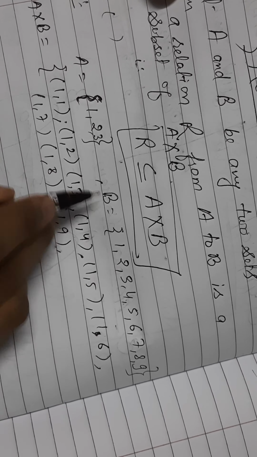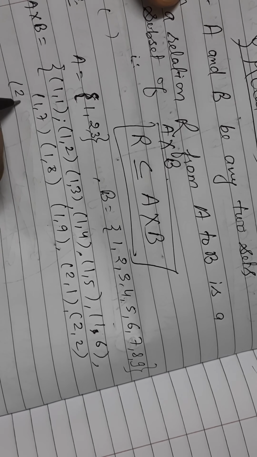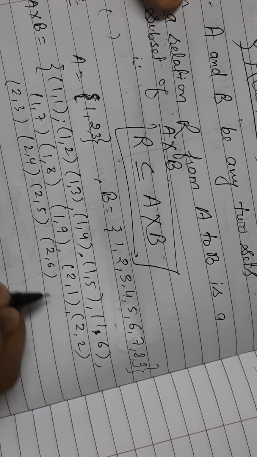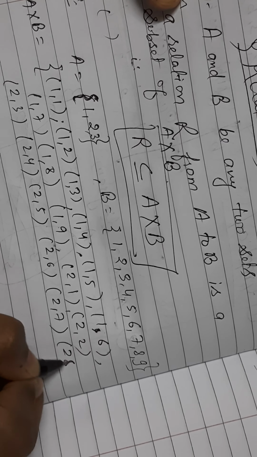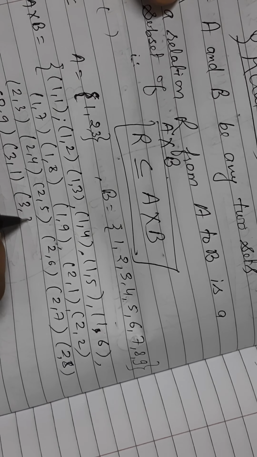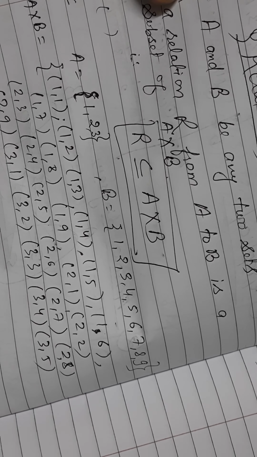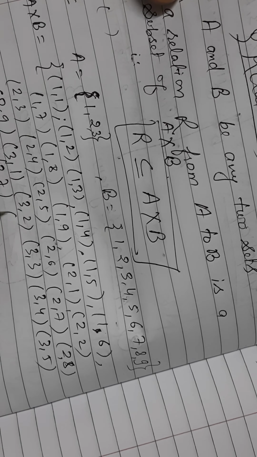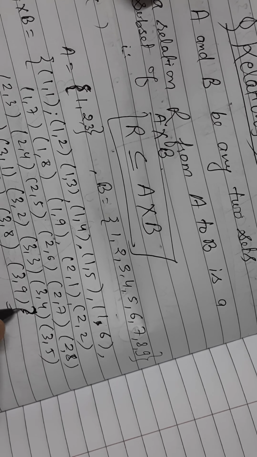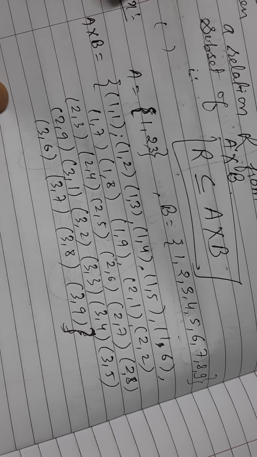Then 2 with each element of set B: (2,1), (2,2), (2,3), (2,4), (2,5), (2,6), (2,7), (2,8), (2,9). Then (3,1), (3,2), (3,3), (3,4), (3,5), (3,6), (3,7), (3,8), (3,9). Okay, so this is the Cartesian product of sets A and B.